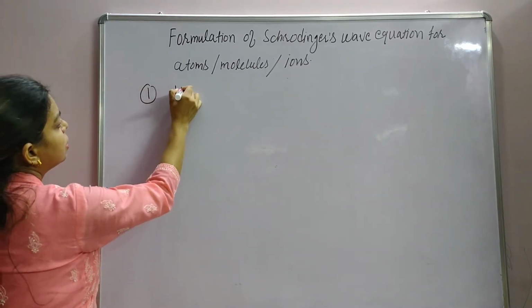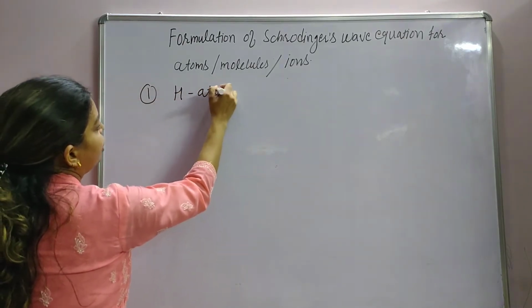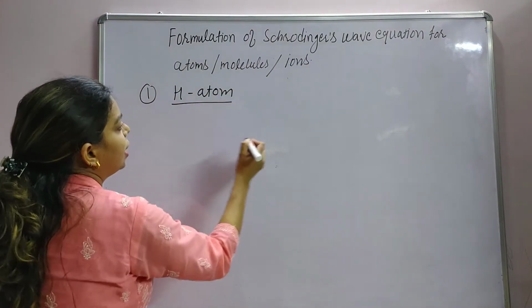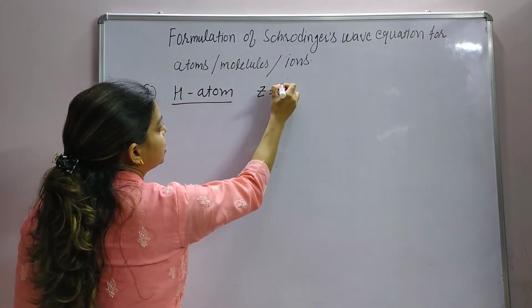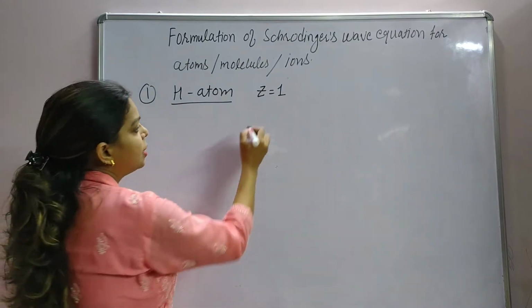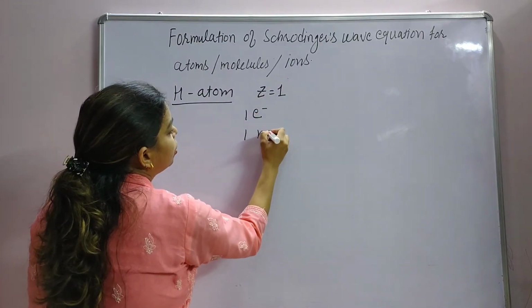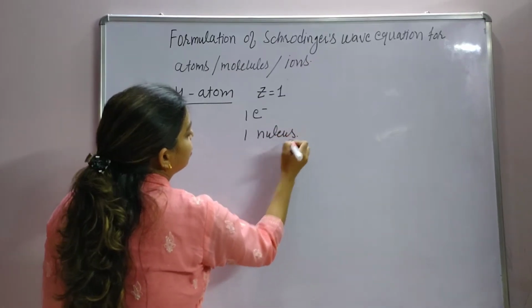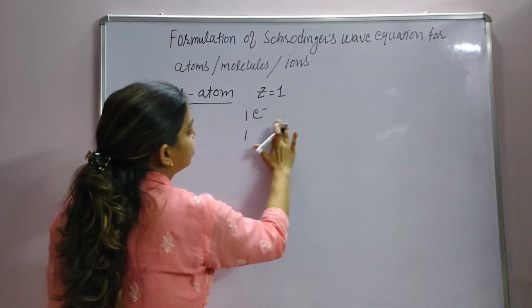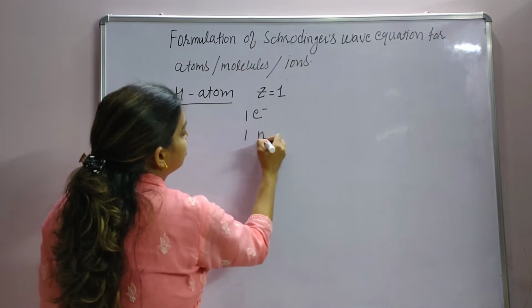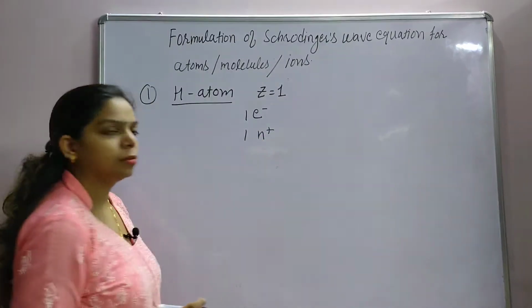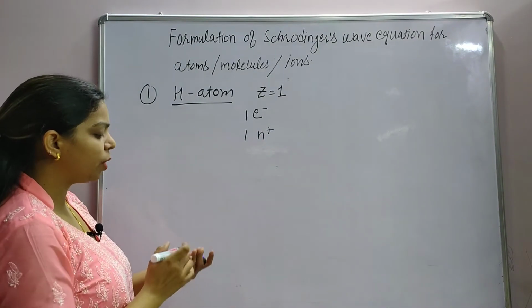First is hydrogen atom. Atomic number for hydrogen atom is 1. It has 1 electron and 1 nucleus.